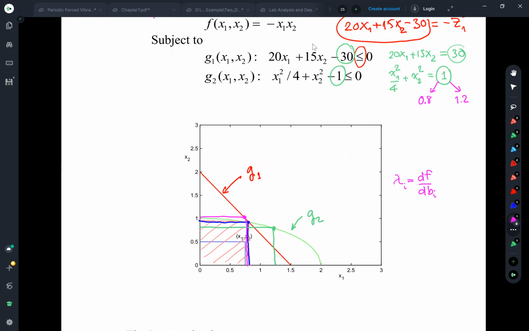I said before that we focus on just the first quadrant, so both x1 and x2 are positive numbers. Actually, x1 and x2 can be negative if you consider the second, third, and fourth quadrants. But for this example, we focus only on the first quadrant, where both x1 and x2 need to be positive numbers. That's why we discard the negative values of x.